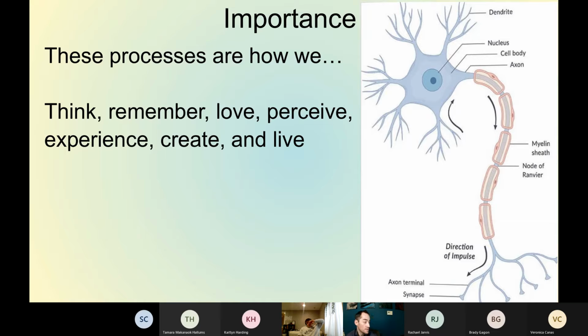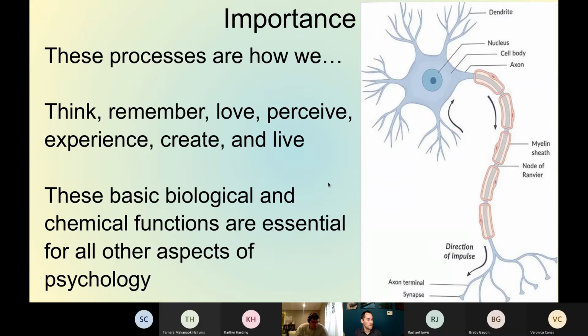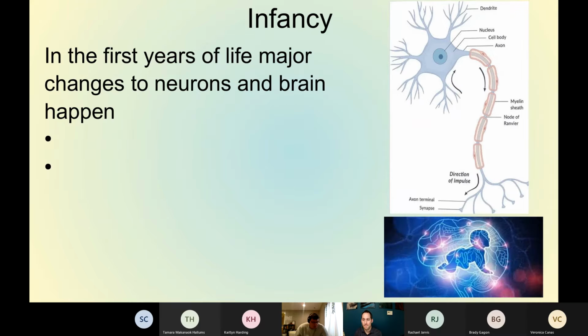So our emotions, how we think, how we remember, our making decisions, our experiences, our sensations, our perceptions, all of that is dependent on this process of the neurons speaking with one another and sending messages down them. So questions about it? Hopefully those couple visual examples help you understand the process. And we can talk about now, what does that do in the brain and body?